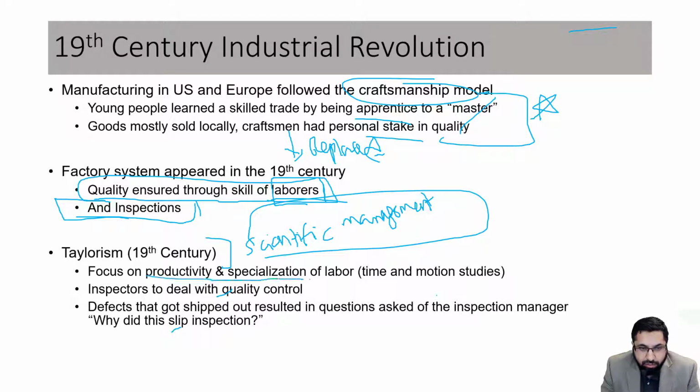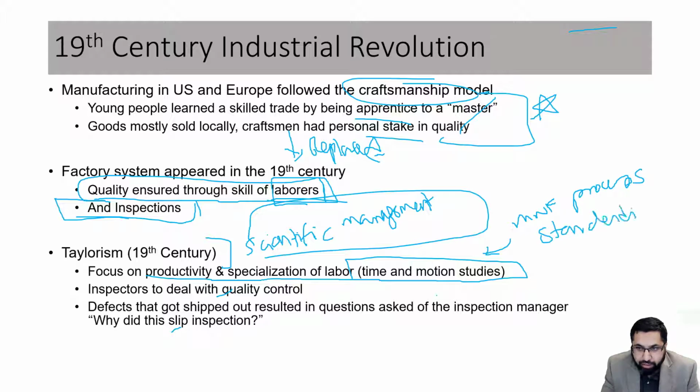The focus was on productivity and specialization of labor, and time and motion studies, where manufacturing a good was split into tiny tasks, and data was collected on how long each task takes and the best way to do it. So the manufacturing process was standardized in terms of the work involved.